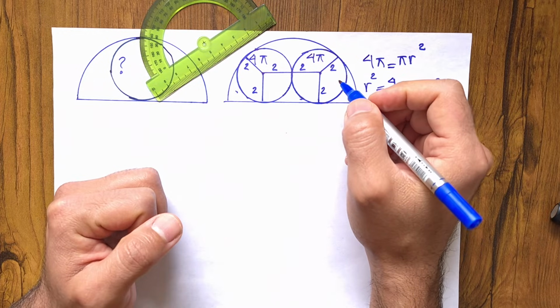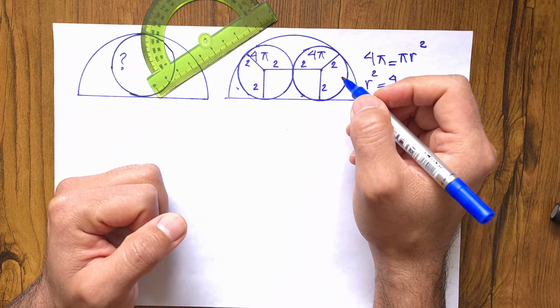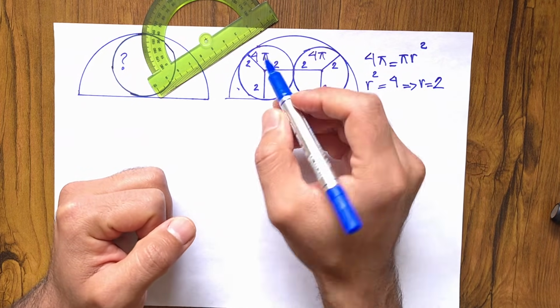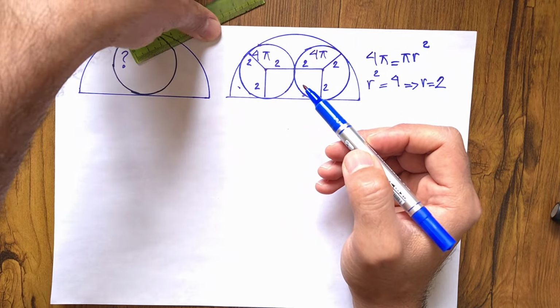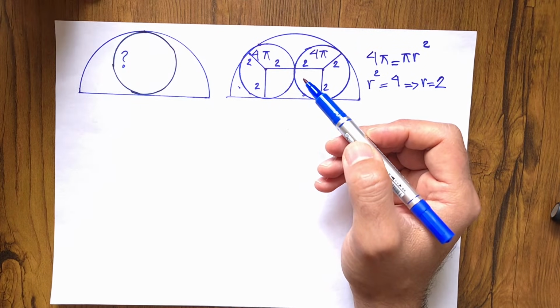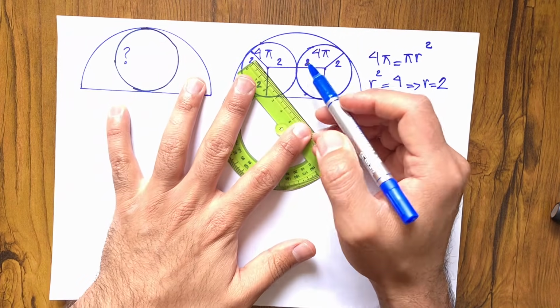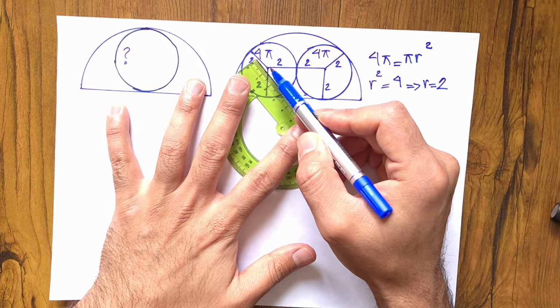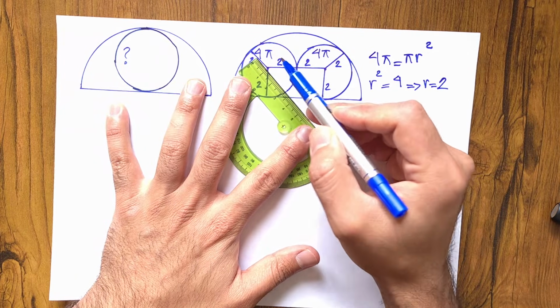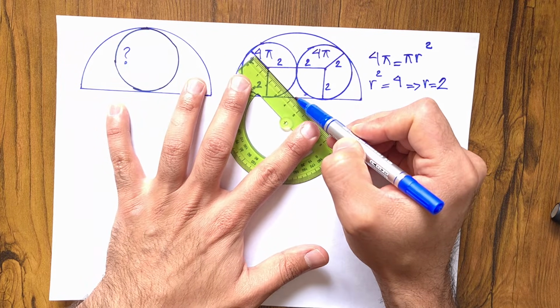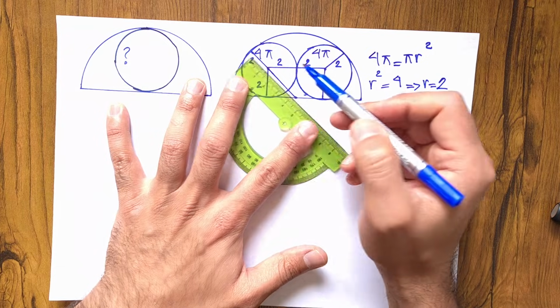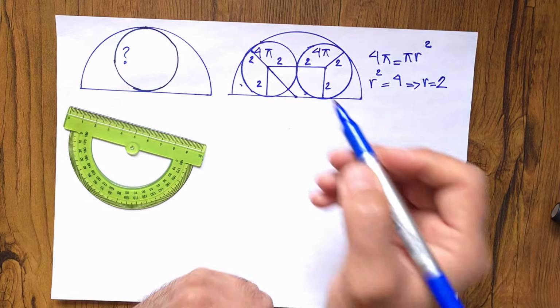But we want to know the value of the radius of the semicircle. So if we connect the center of the smaller circle to the center of the semicircle here, this is going to be the radius of the semicircle, right?